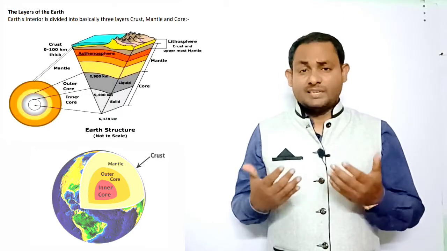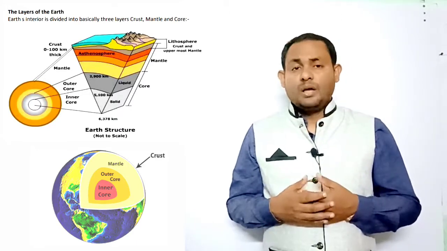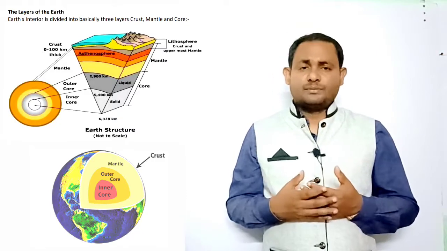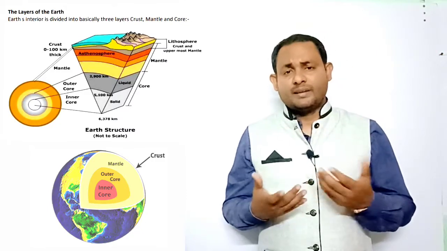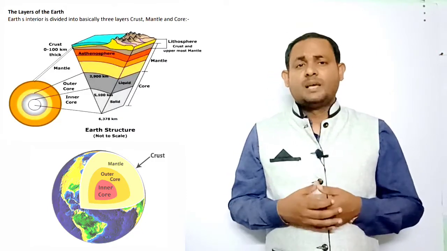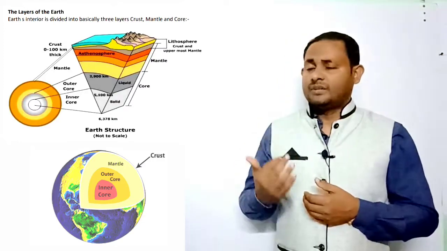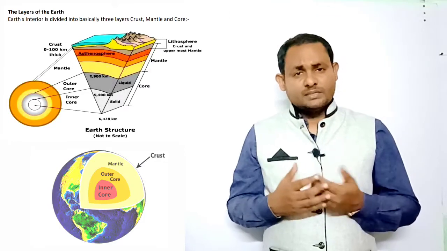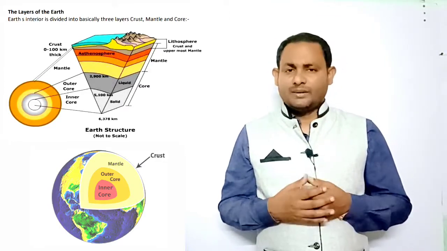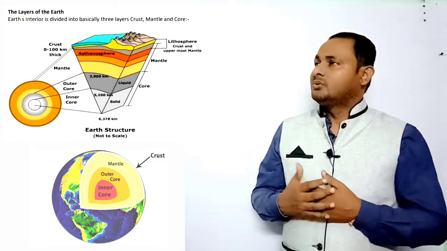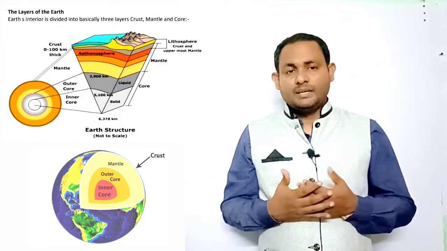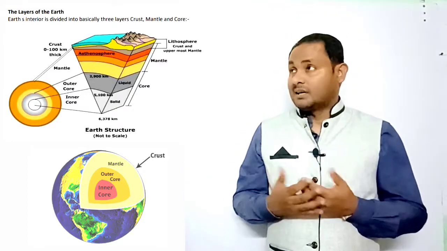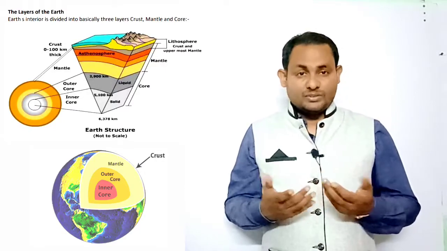There are the continental crust and oceanic crust, and these two types have different chemical composition and physical properties, and were formed by different geological processes. Next, the thickness and density of the crust vary under the oceanic and continental areas. The oceanic crust is thinner as compared to the continental crust.